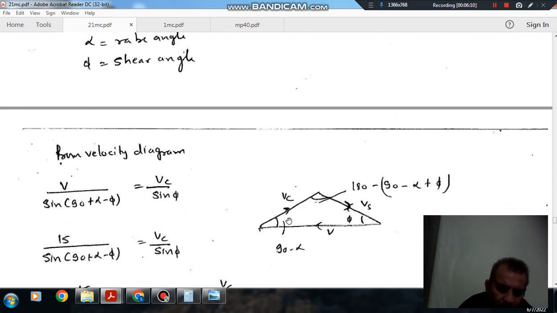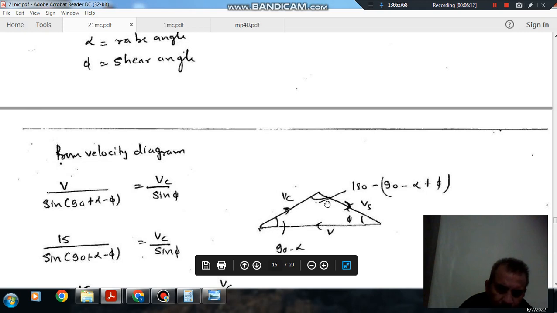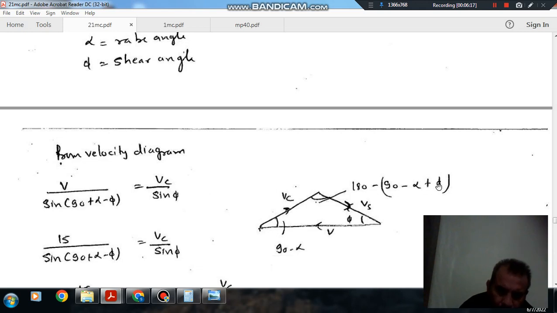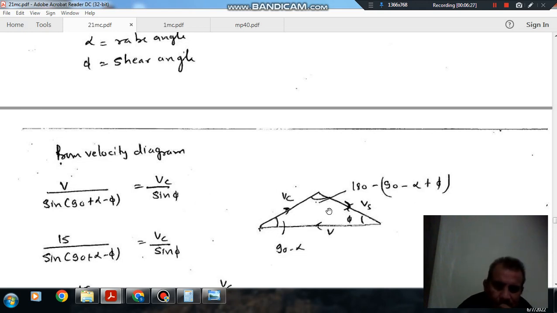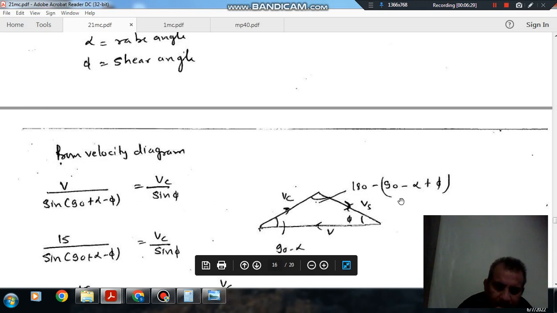This is the phi angle, and this is 90 minus alpha, and this is 180 minus 90 minus alpha minus phi, that is 90 plus alpha minus phi.